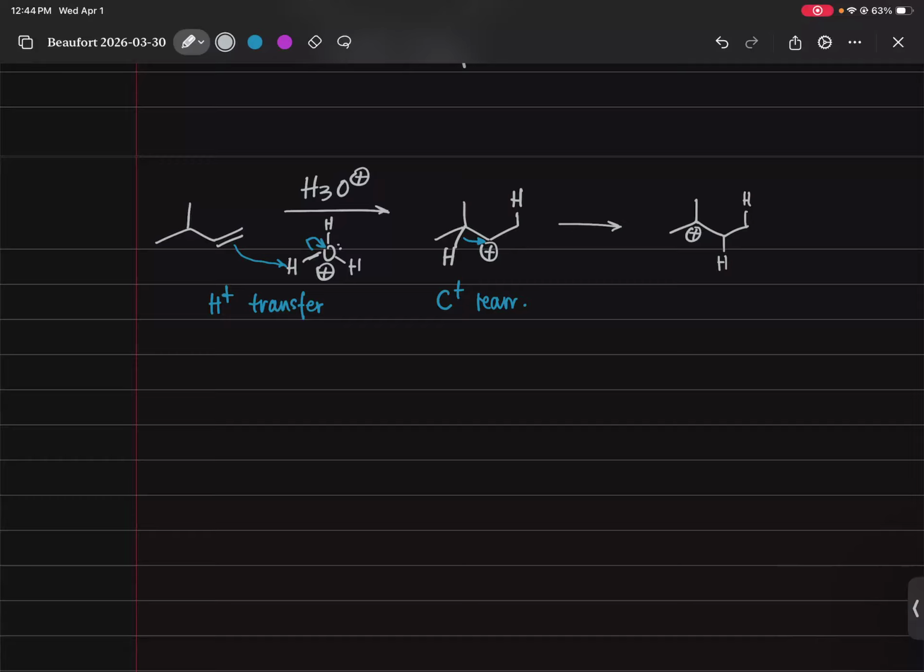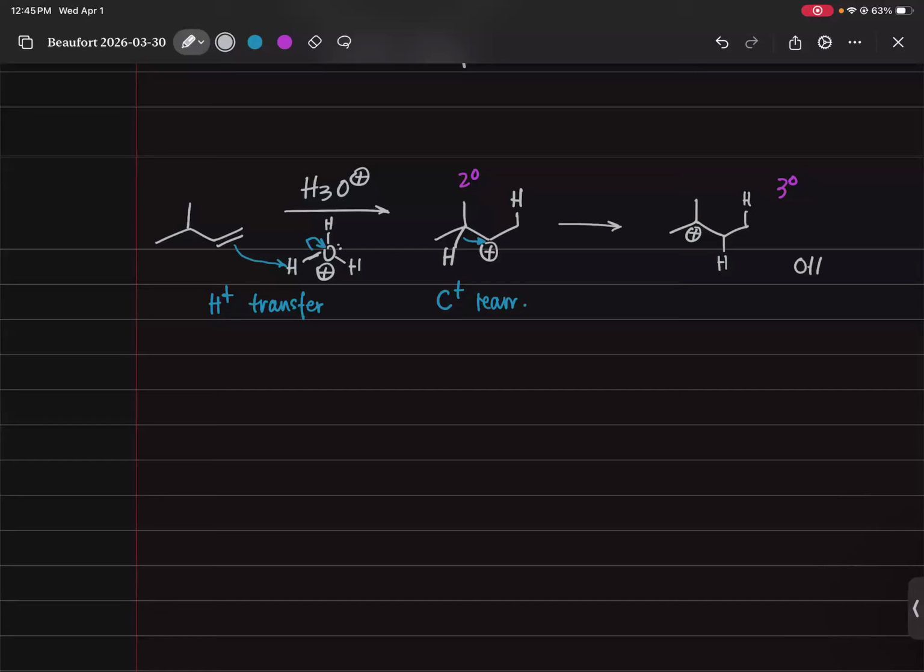And now we have a tertiary carbocation. Okay, so now our carbocation is rearranged.